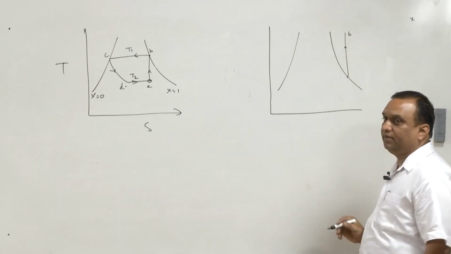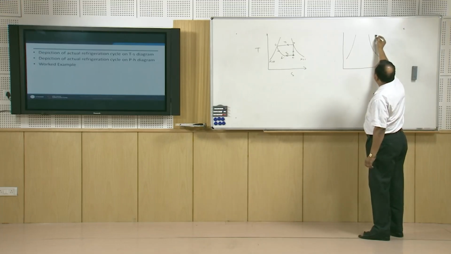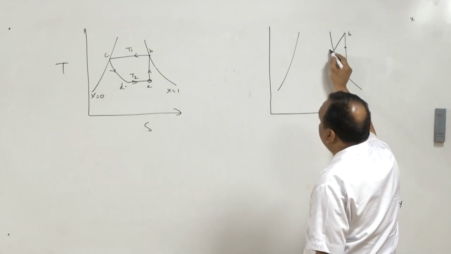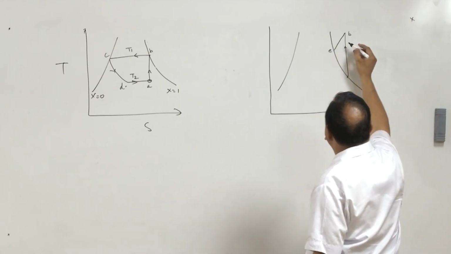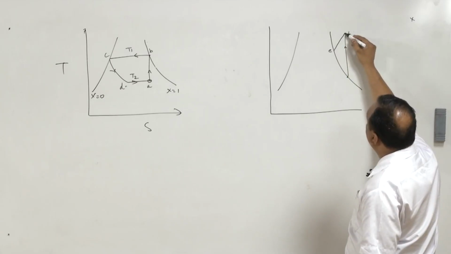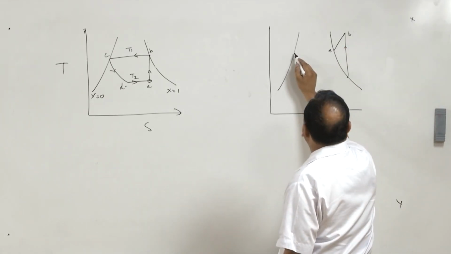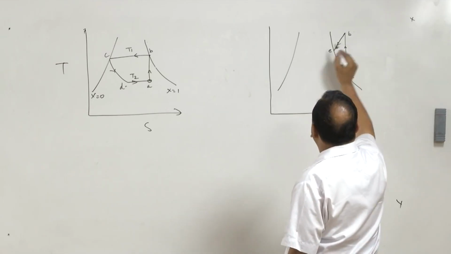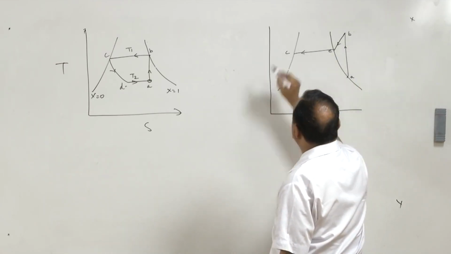This superheated vapor emerging from the compressor, first of all will be desuperheated in the condenser. So, temperature at B is greater than temperature at, let us say, E. Desuperheating of vapor takes place, and after desuperheating the condensation of vapor takes place inside the condenser, and we attain state C.